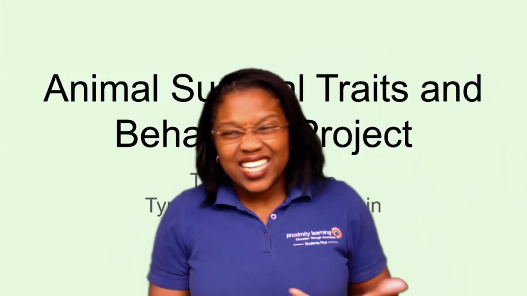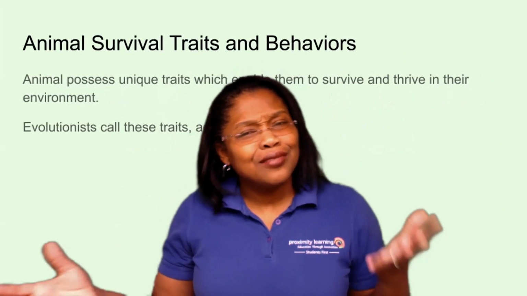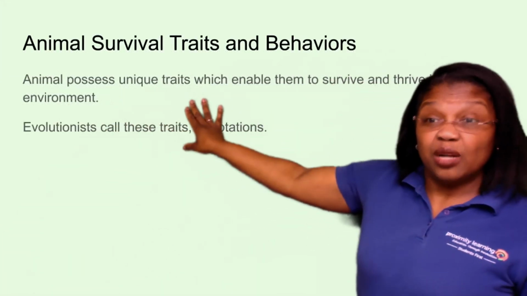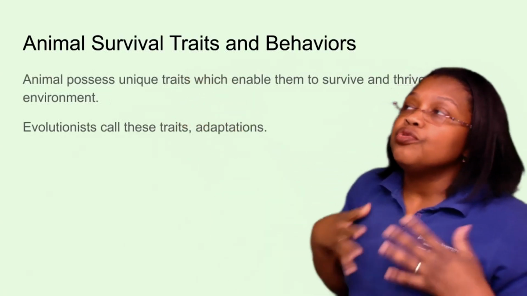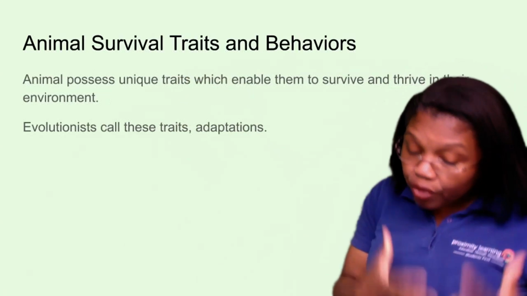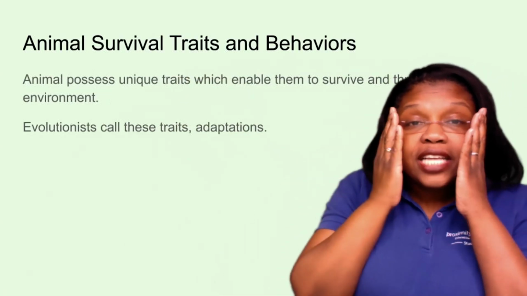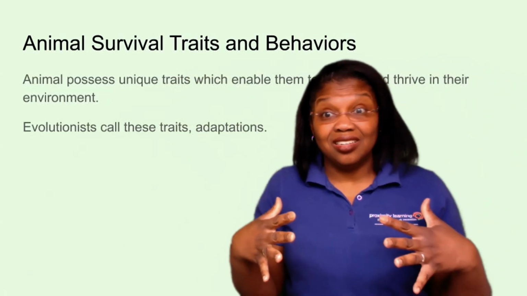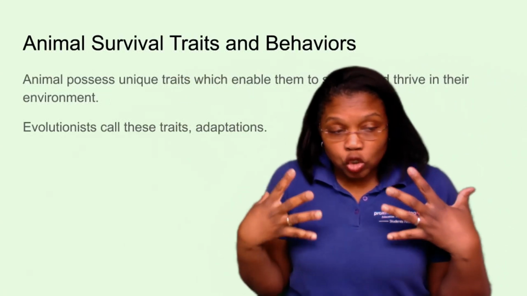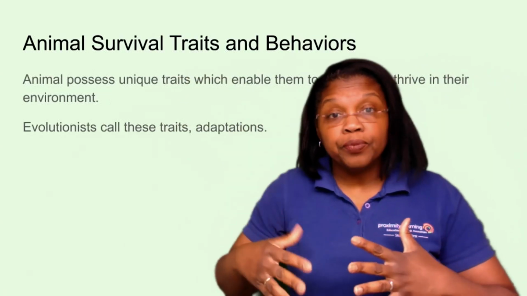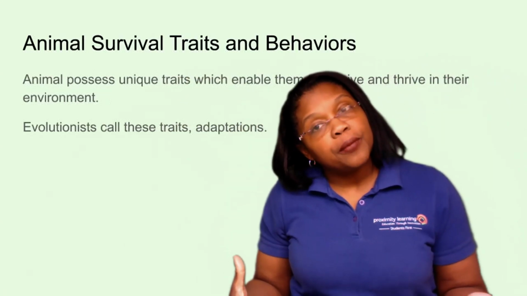So what exactly is this whole survival trait behavior thing? Well, guys, if you think about it, all animals have some sort of unique trait that helps them to survive, some sort of a trait or behavior. So when I say trait, I'm talking about the way they're designed. So all animals have some sort of design in the way they're made that helps them to survive in their environment.